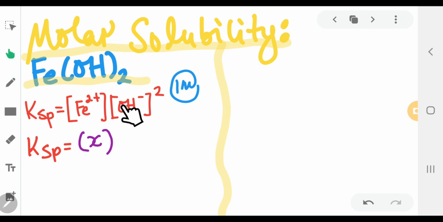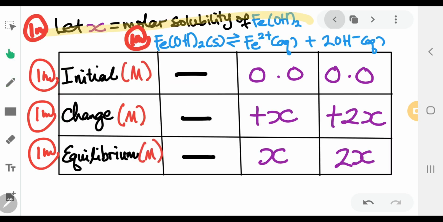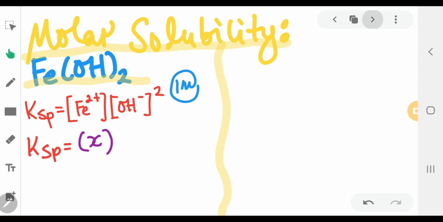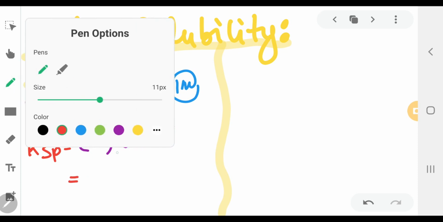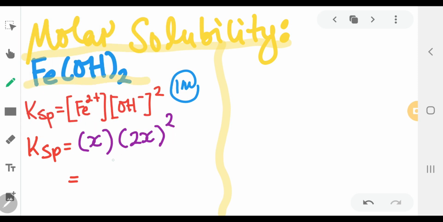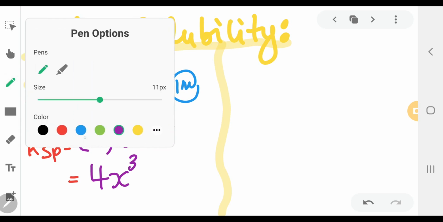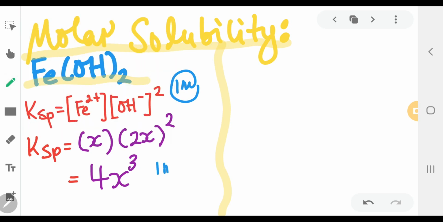Also remember this one is OH minus, so what is the value? It's 2x. So you're going to put 2x to the power of 2, and thus you'd get 4x cubed. By getting that correctly, you get another 1 mark.